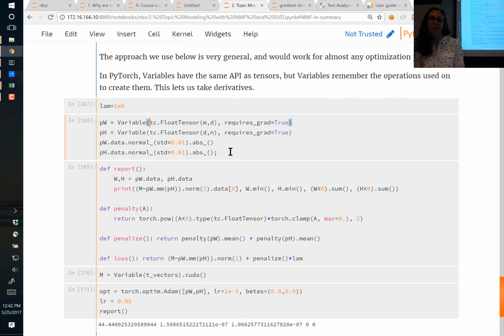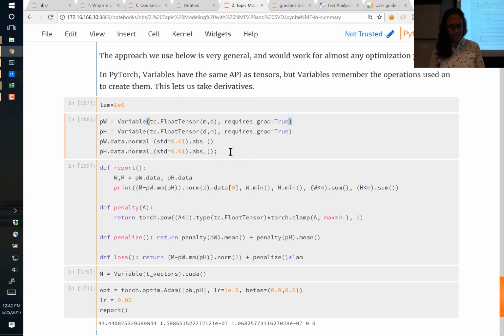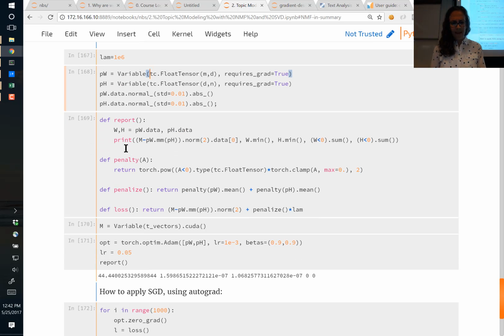Here we create what I'm now calling PW and PH. Down here with our methods, notice we no longer have a grads method because we're not having to give it a formula for the gradient.